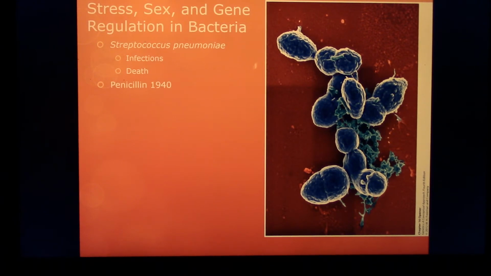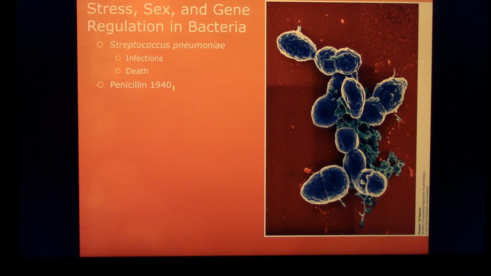In 1940, penicillin, the first antibiotic, was discovered, and it was discovered serendipitously, as they say. Someone was a little sloppy with their sterile technique, and they left their plate open, and some fungal spores landed on the plate, and they found a zone of inhibition, as they call it.